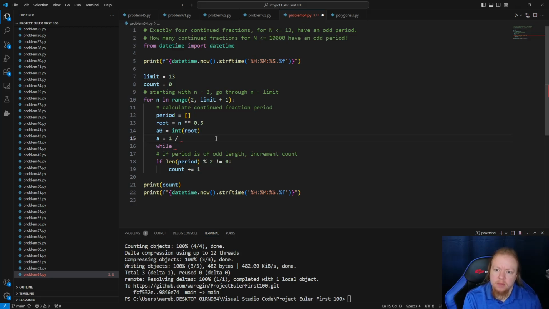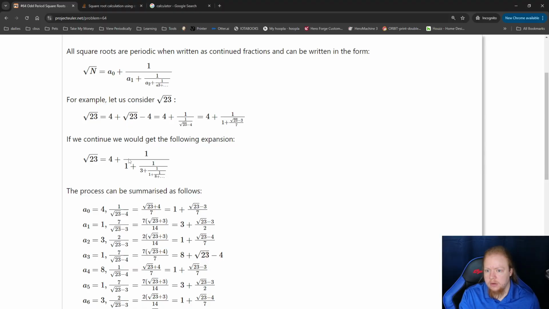And then it's going to be 1 divided by root minus A0. Right? 1 over square root of 23 minus 4. Okay, that should work.